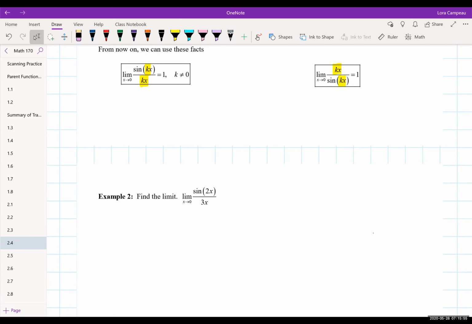But I would like to note for yourself, caution, the argument of the sine does not match the denominator.